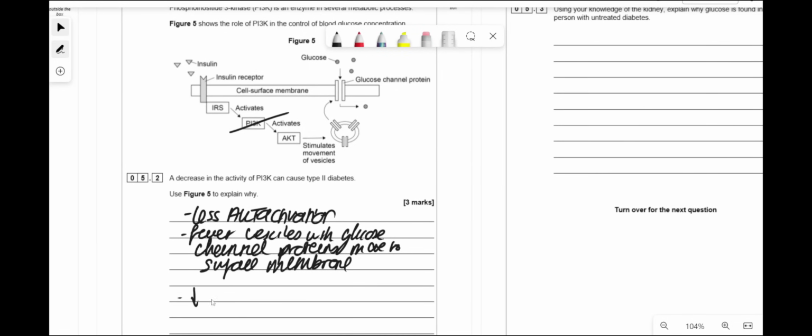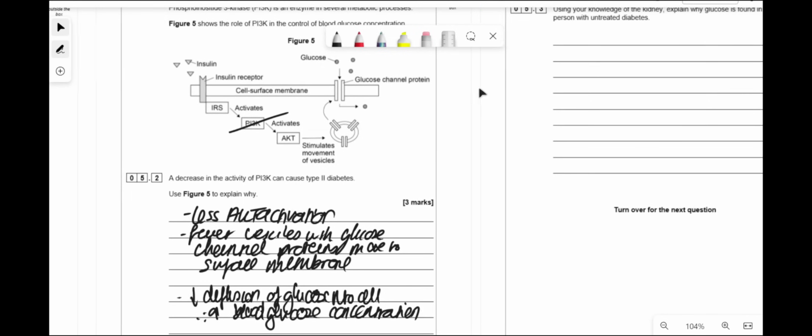Therefore, you've got less diffusion of glucose into the cell, because that's what insulin normally does. Therefore, increased blood glucose concentration. And that is your diabetes.